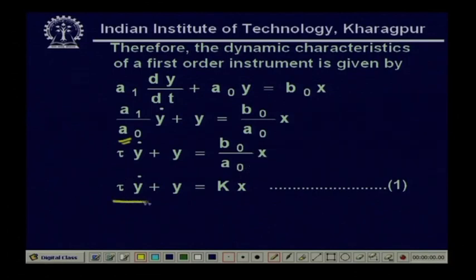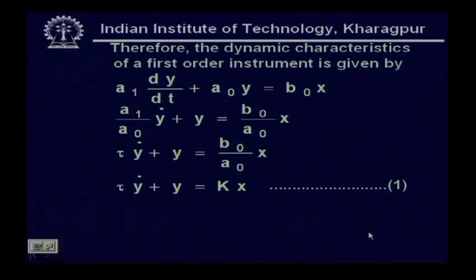Finally, we have written tau y dot plus y equal to k x, right. K we remember for the 0 order instruments also, k is the static sensitivity of the system and tau is the time constant of the system, and this is the equation number 1, where tau equal to A1 upon A0 and k equal to B0 by A0.